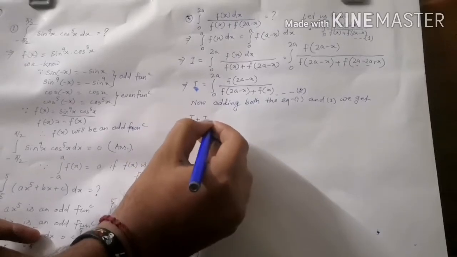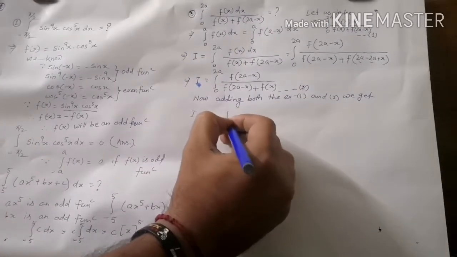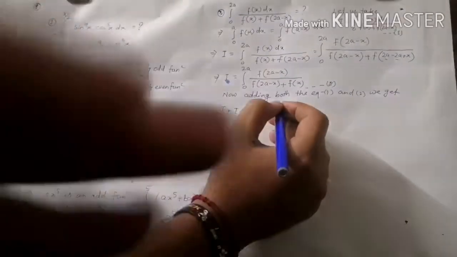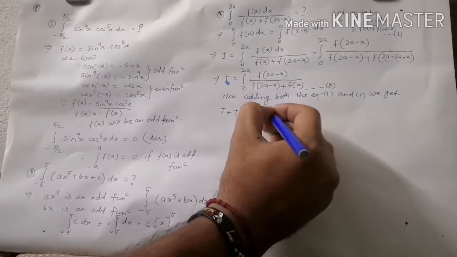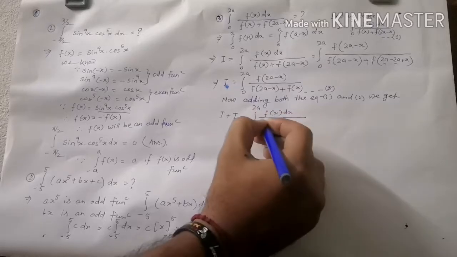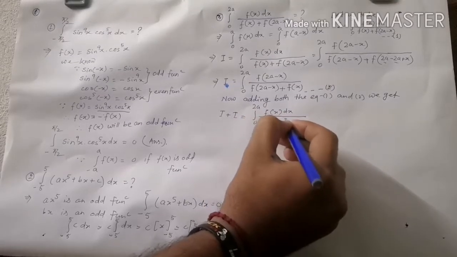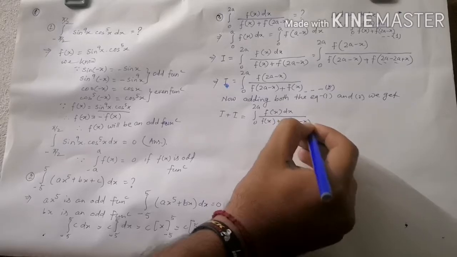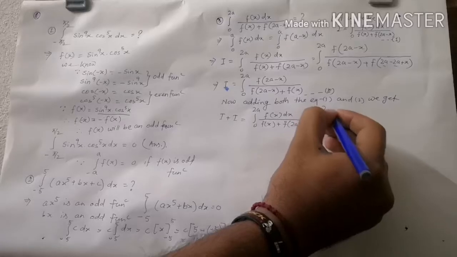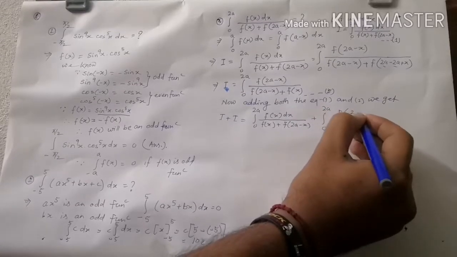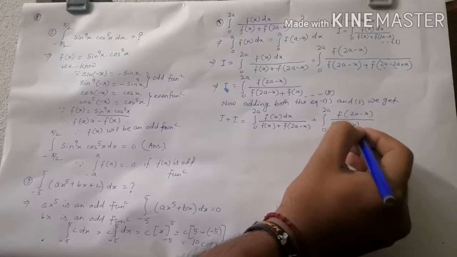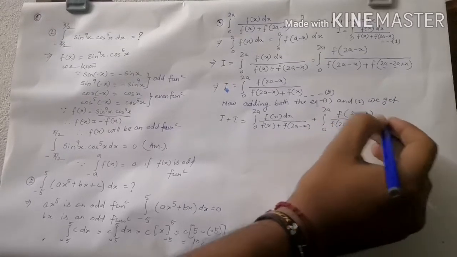I plus I equals integration 0 to 2a f(x) dx by f(x) plus f(2a minus x), and also plus 0 to 2a f(2a minus x) by f(2a minus x) plus f(x) dx.